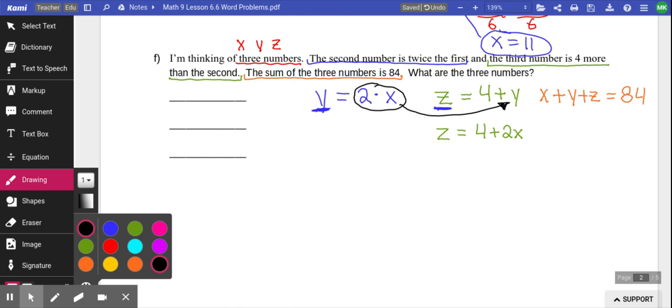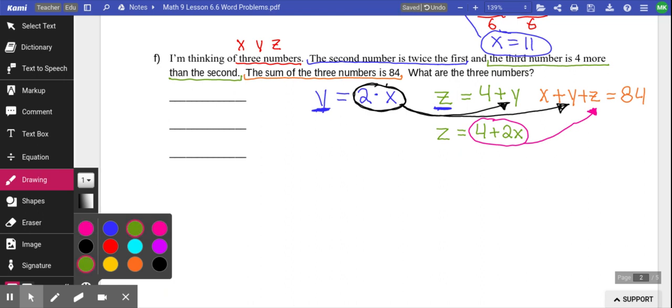So I'm going to do the substitution Y equals 2X all the way into the orange equation. And then I'm also going to substitute the green one, Z equals 4 plus 2X, into the orange one up there. Like that.